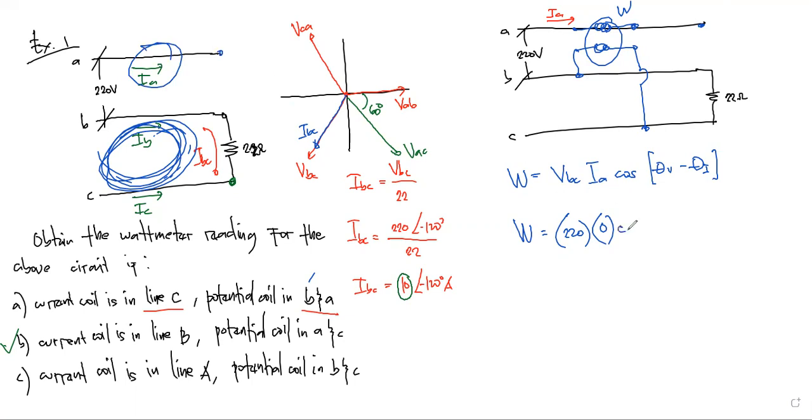Anyway, you may not dig what would be the value of theta V and theta I, because the current here is zero. So obviously the answer is of course 0 watts.